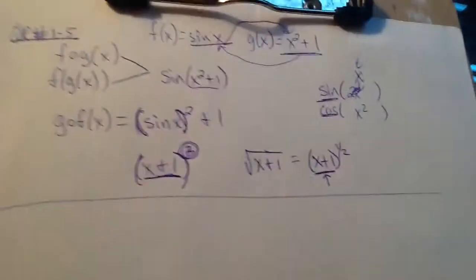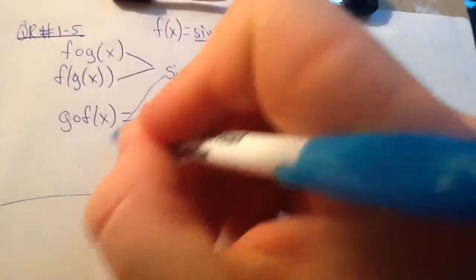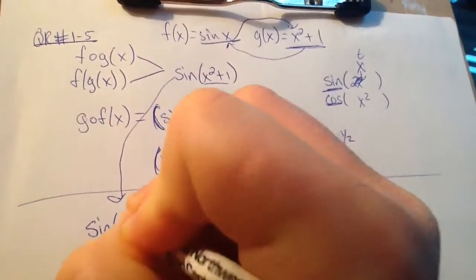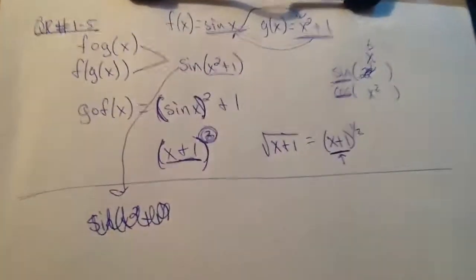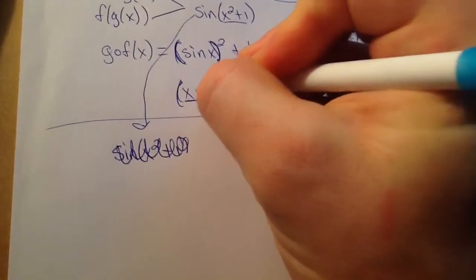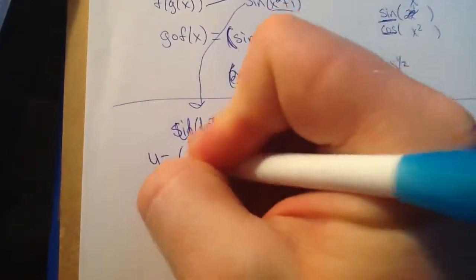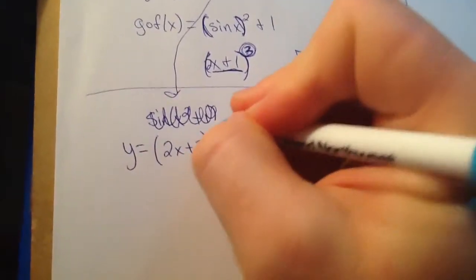So the way we do that is, let's go back to this one, sine of x squared plus 1. Or maybe I should not do a trig first. Let's start with something easy, let's just make one up here. Let's say we have 2x plus 3, squared.